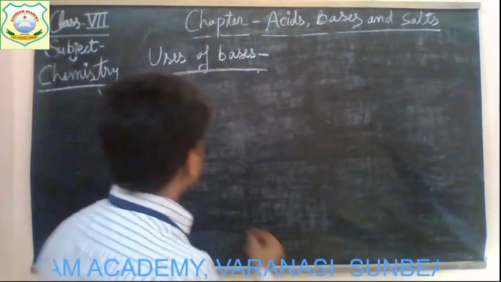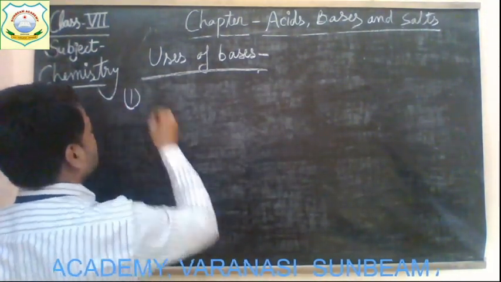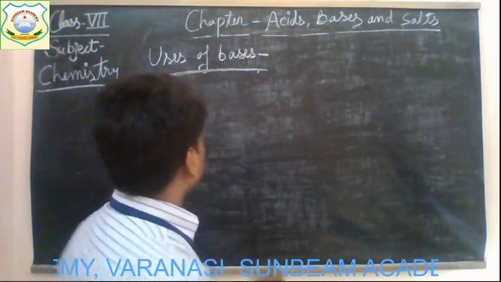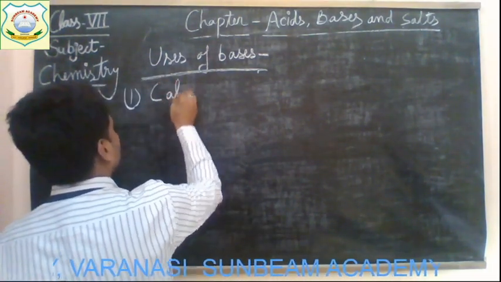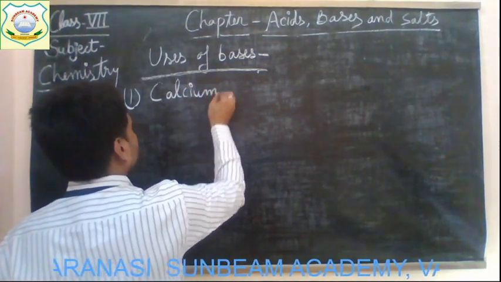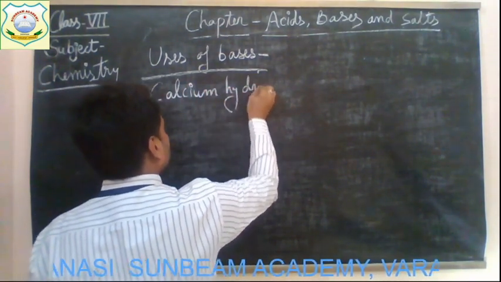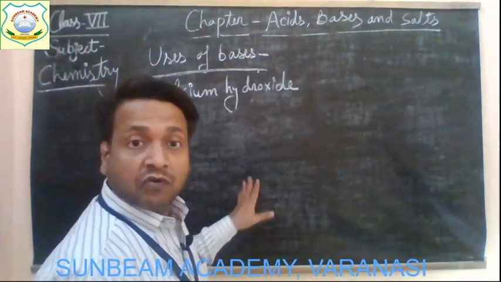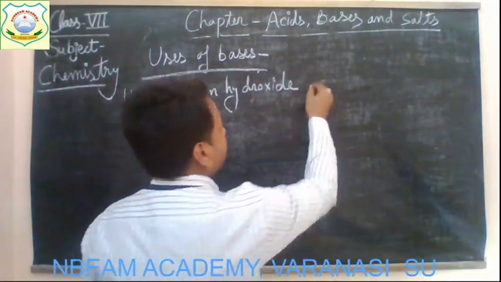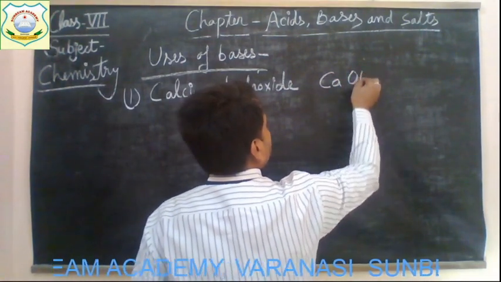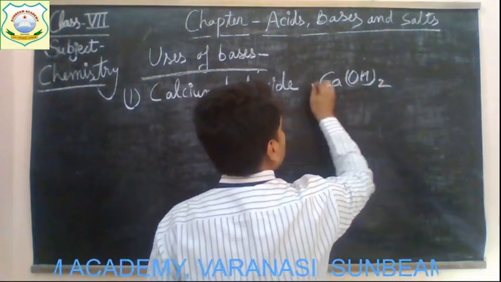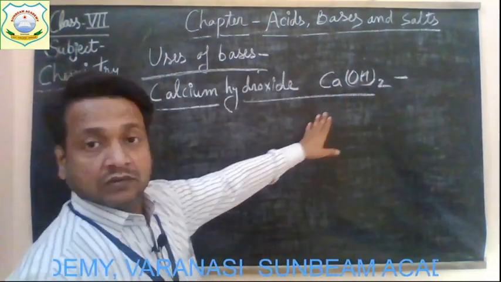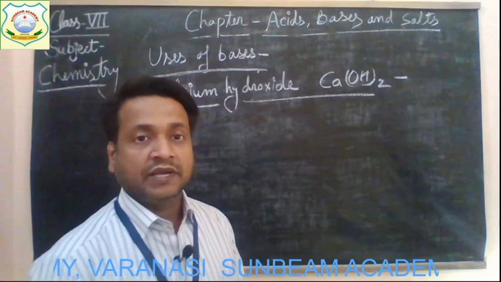Okay, so the first most commonly used base is calcium hydroxide. And the formula of calcium hydroxide is Ca(OH)2.